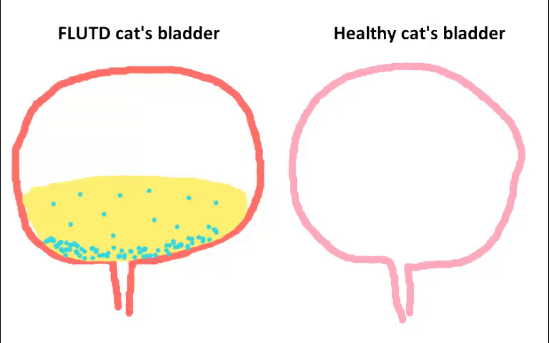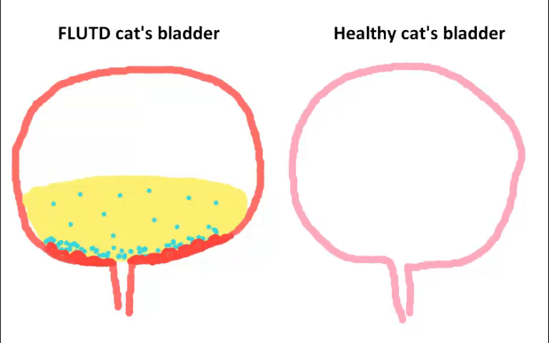Now this sediment, at first, will start to irritate the bladder wall. This causes bleeding. Now bleeding with blood clot formation, which is going to happen in any normal animal, your body's going to try to stop that bleeding.